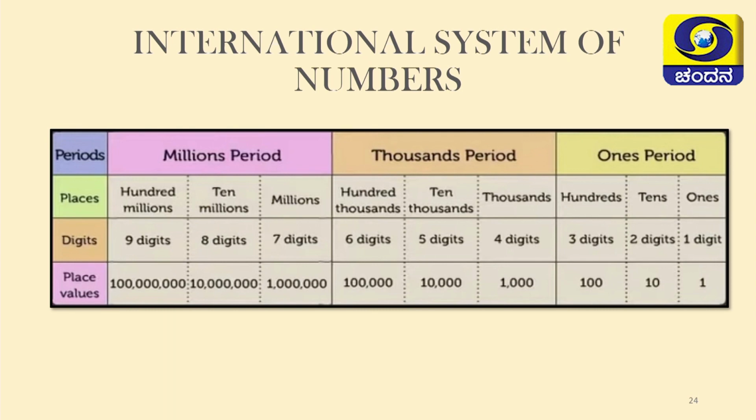Millions, 10 millions, 100 millions are in millions period. In millions period, 100 million has 9 digits, 10 million has 8 digits, million has 7 digits. In thousands period, 100,000 has 6 digits, 10,000 has 5 digits, 1000 has 4 digits, and so on.